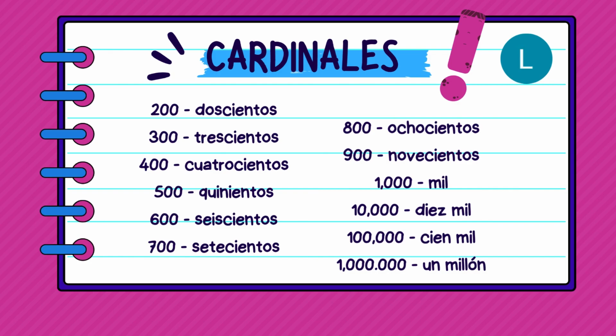Now, when we go to the 200s and above, we're going to do sort of a combination of the first number that you learned, like 2, and then the hundreds. So we're going to say doscientos, with an S, for 200.